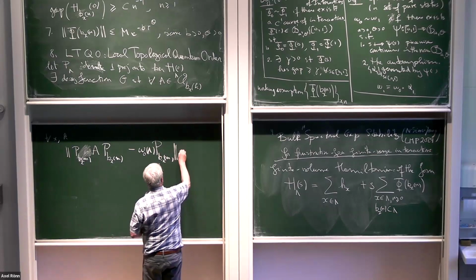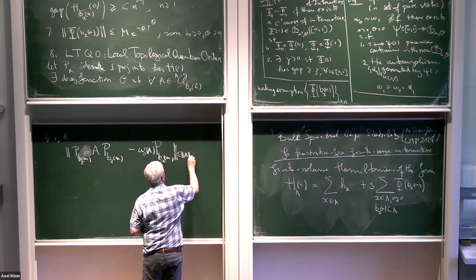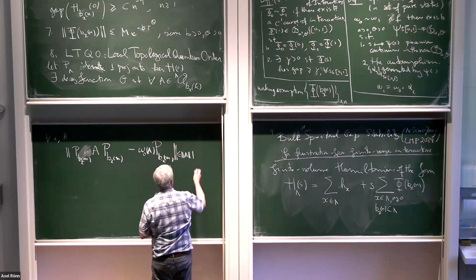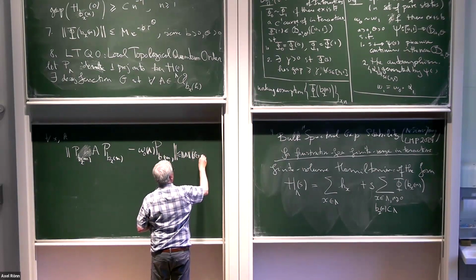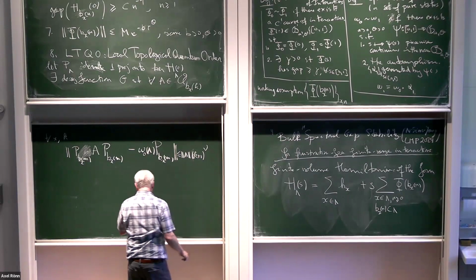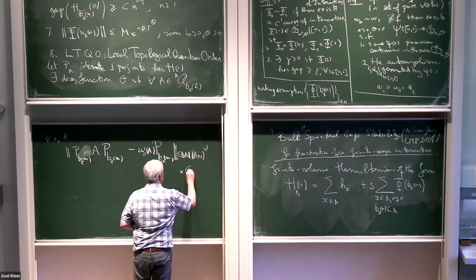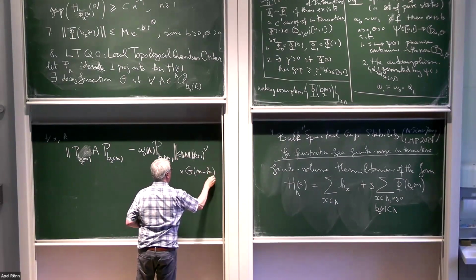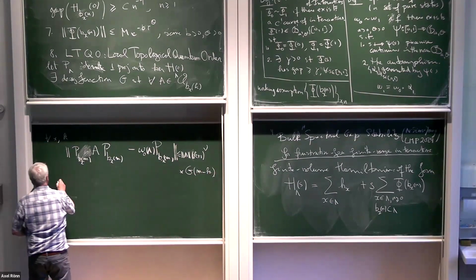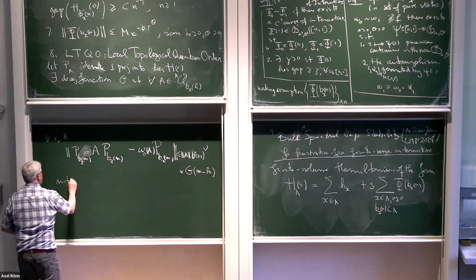This is upper bounded by norm A, then something that's important depending on the regularity, times G of m minus k. With something else. So this G is not arbitrary.